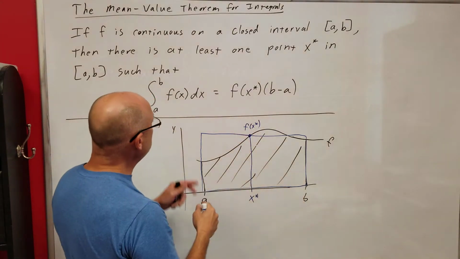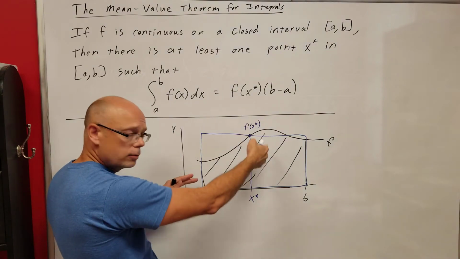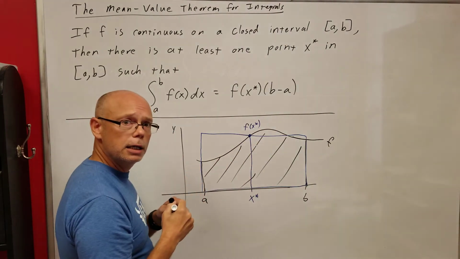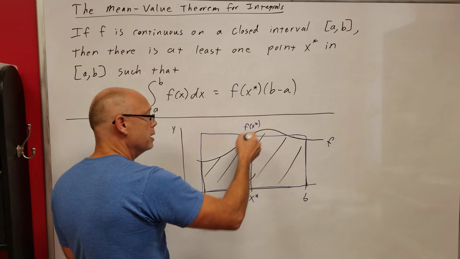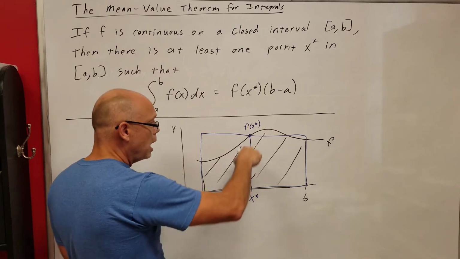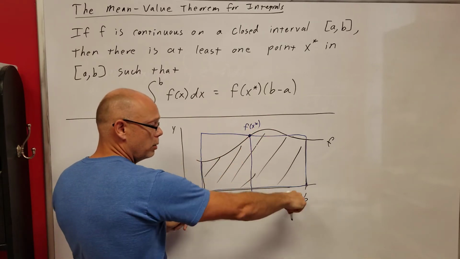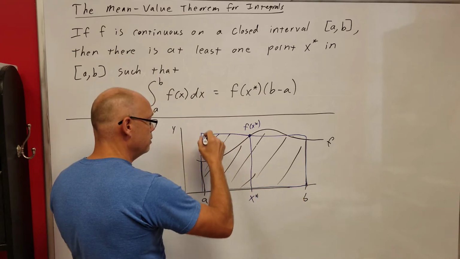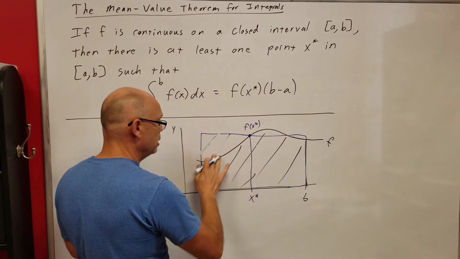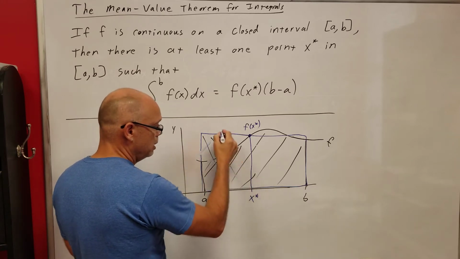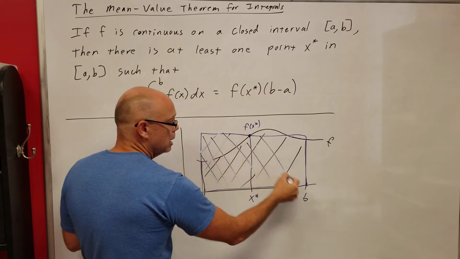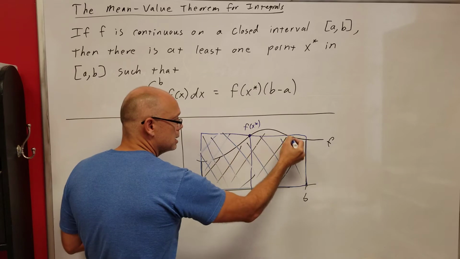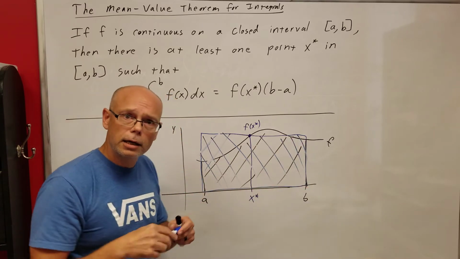And what they're saying here is that the area under the curve, the part shaded in black, is equal to the area of this rectangle with a height of f of x star and a width of b minus a, okay? So the area of, maybe I'll draw these the other way. The area of this rectangle is the same as the area under the curve.